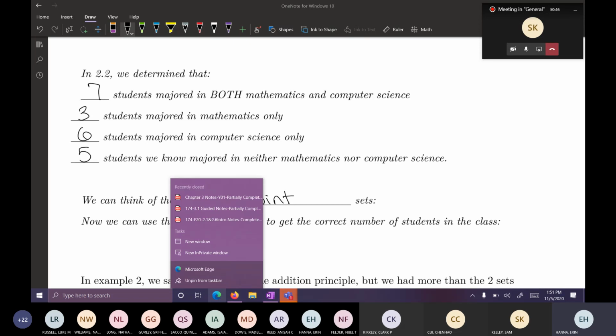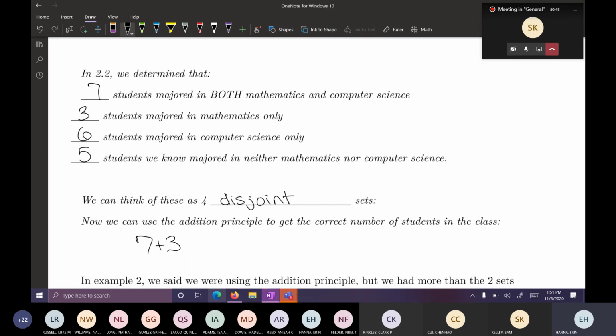Once they're disjoint, if we add them together, we get 21, which was the amount of students we were told we had. So as long as we break them into disjoint sets, we can add them together. But when there's not disjoint pieces in there, then you've got to be careful, and you can't just add them together.